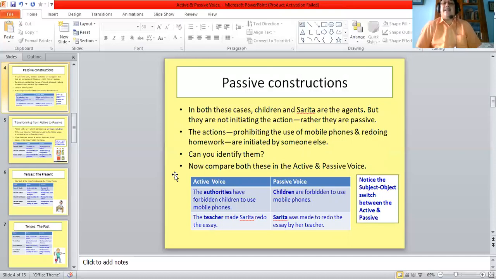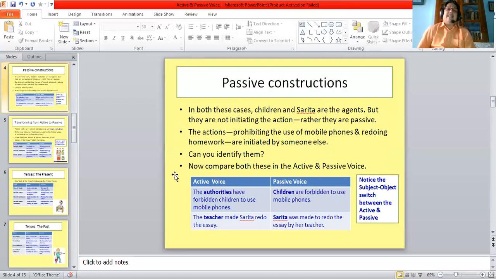Children are forbidden to use mobile phones. Now, we are not told by whom, by the authorities, of course, but it is taken as an implicit assumption. So, the by with the agent is omitted over here, as is the common practice.